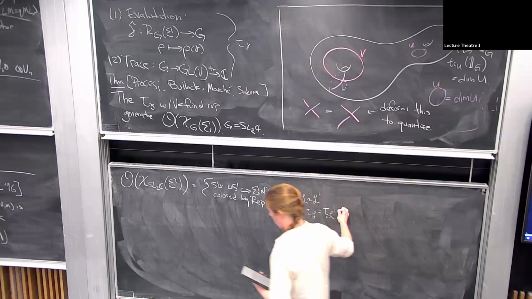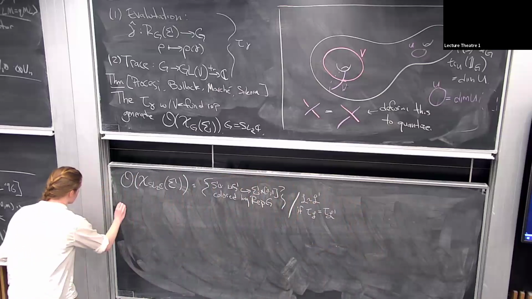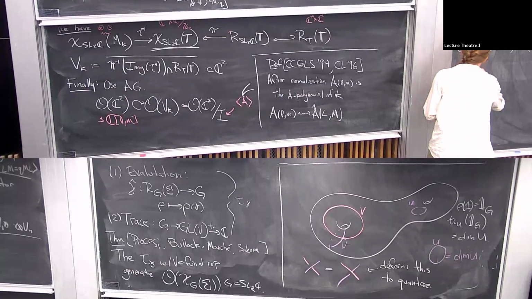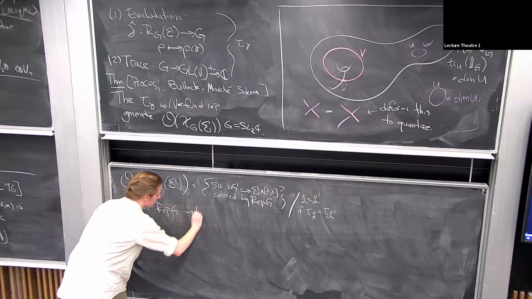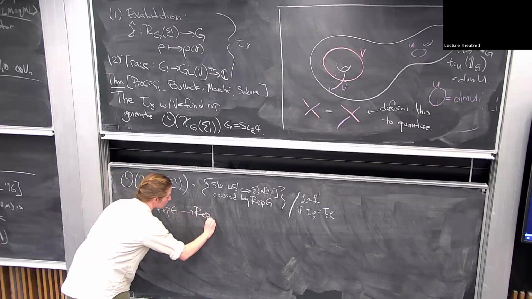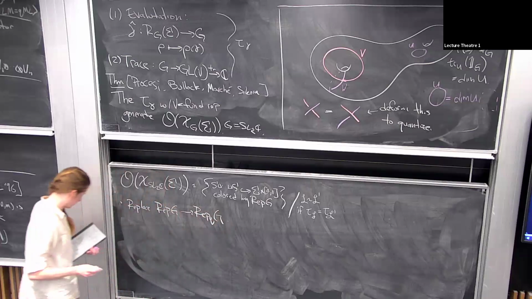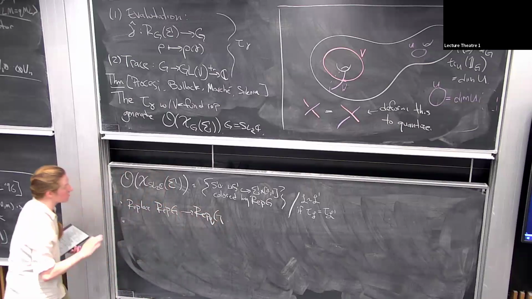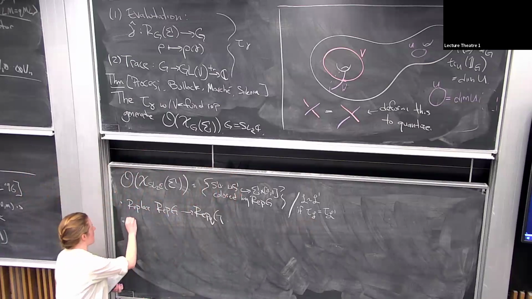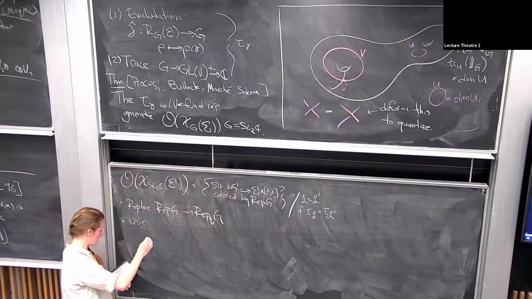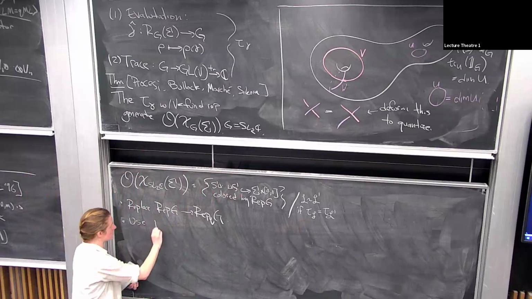So how am I going to quantize this? The first thing I'm going to do is replace Rep G in this description with Rep QG, the quantum group. And the other thing I'm going to do is replace this relation. What's going to be there instead is my Reshetikhin-Turaev functor.